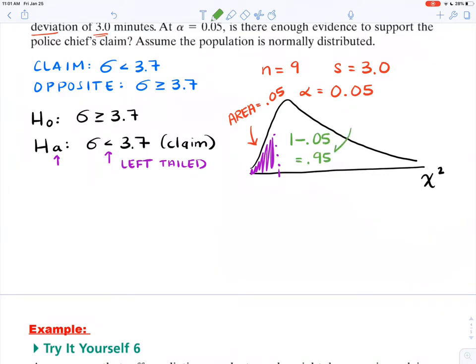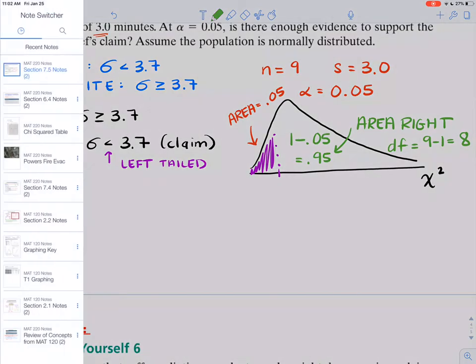Again, this is solely because when I go to the chi-squared table, what I need is an area to the right, not an area to the left. So just for a left-tailed test in this case, I'll have to take that level of significance and subtract from 1. So I'm going to take that 0.95 to my table, and I'm going to take my degrees of freedom, which are always going to be n minus 1.